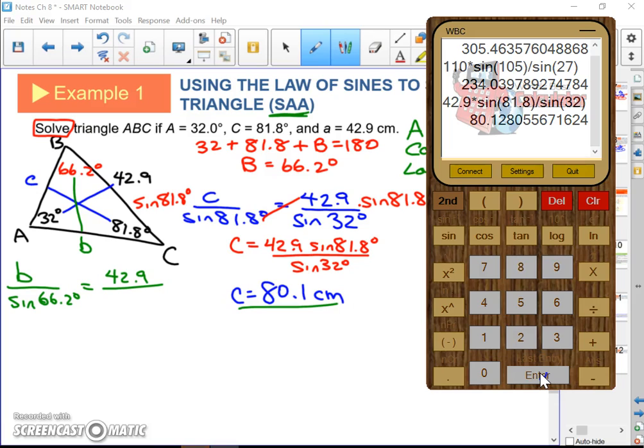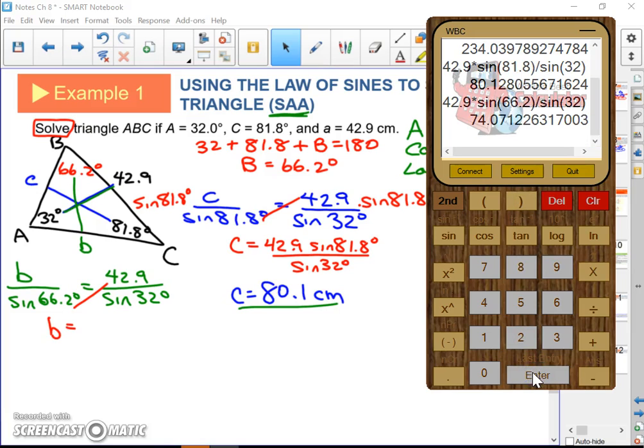So I'm going to use 42.9 and sine 32. To find b, I'm going to multiply both sides by sine 66.2. And b is going to equal 42.9 times sine 66.2 divided by sine 32, 74.1.